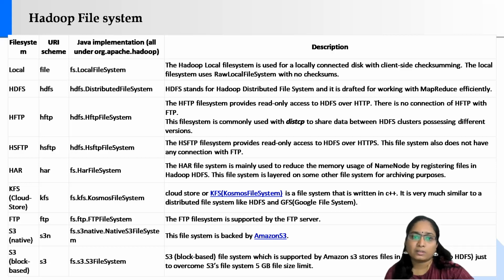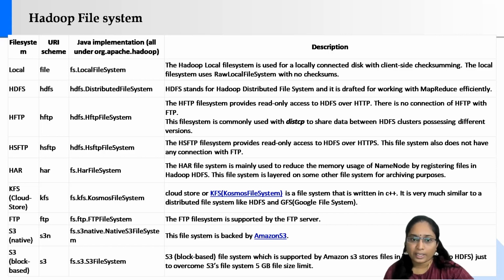HFTP is provided over the HTTP protocol, with read-only access to HDFS. HSFTP again provides a secure system, using HTTPS, the secure web protocol. The HAR file system is mainly used to reduce the memory usage of name nodes, as well as the number of registry files in Hadoop's HDFS.